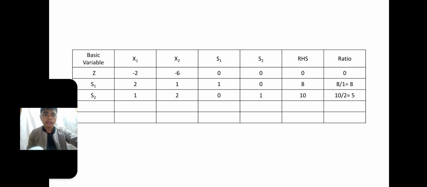To proceed with the method, we should always look for the most negative variable in the row of Z. As you can see, the 6 has the most negative number compared to the rest in the column.